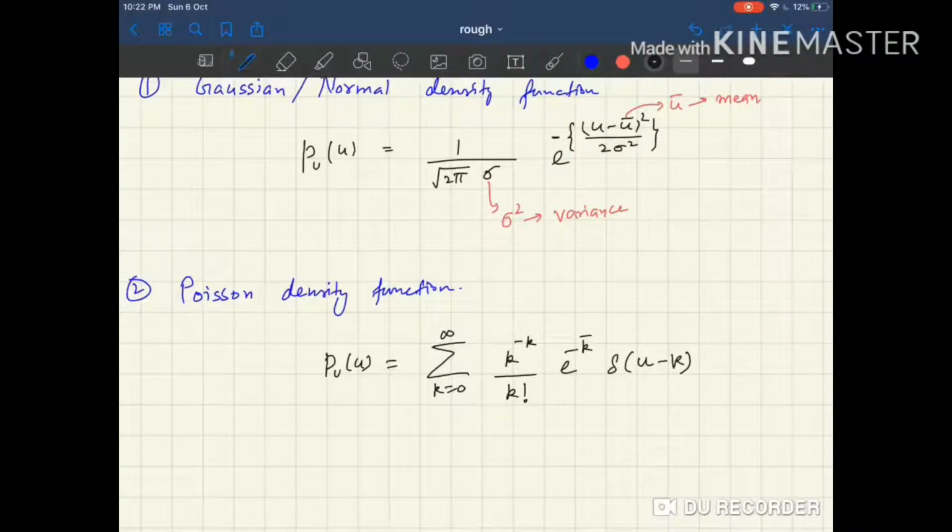So there is only one parameter here, which is k bar. This is the mean value of the random variable k.